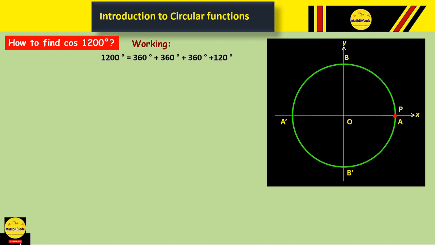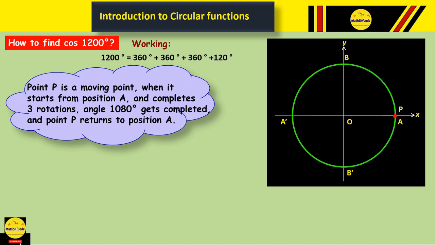And then I consider the initial position as position A. From there, my moving point P would start moving. And then it completes one circle, arrives at position A, which means the first 360 degrees is completed. Now, if it moves a second time, then another 360 degrees would be completed. And the third 360 degrees would be completed if point P takes the third circle.